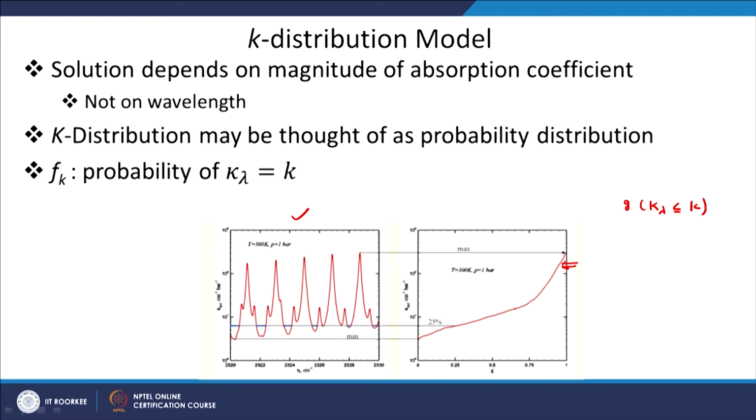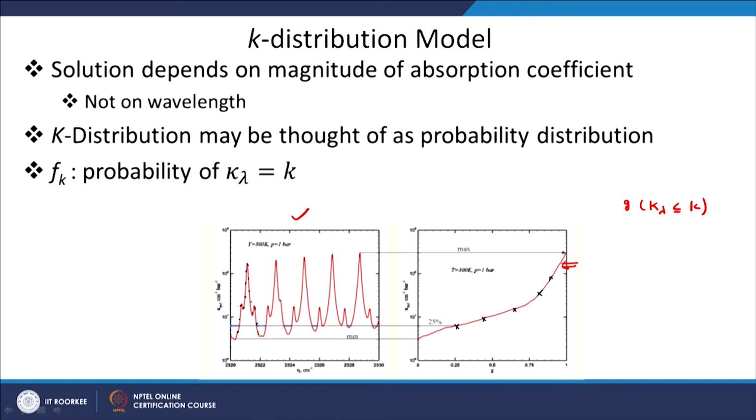We will solve this RTE for some points on this curve. So, we will solve our RTE on few points only on this curve, and then use quadrature to integrate our intensity. We do not have to integrate along this wavelength space by representing this wavelength by millions or thousands of points.